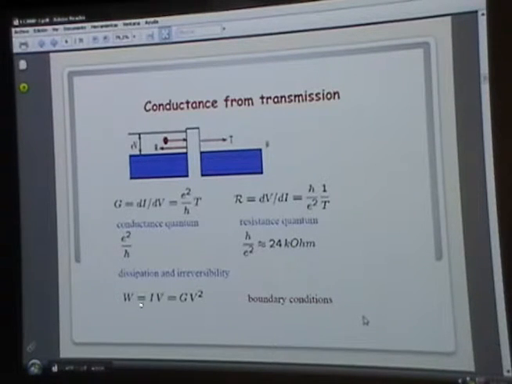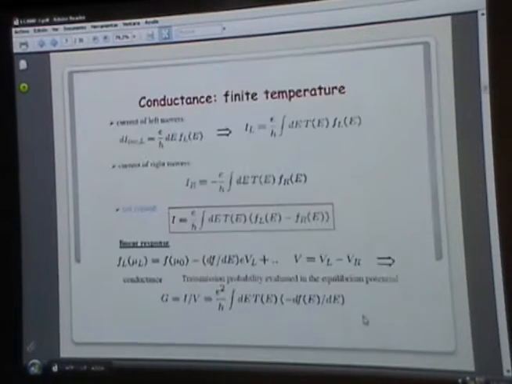This is basically the same. We have this quantum of resistance, which is a characteristic magnitude that depends on the Planck constant and the electron charge, so two fundamental constants.